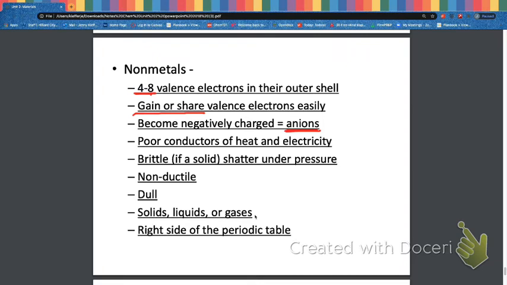Metals are always solids with the exception of mercury. And non-metals can be solids, liquids, or gases. They can be any state at room temperature.